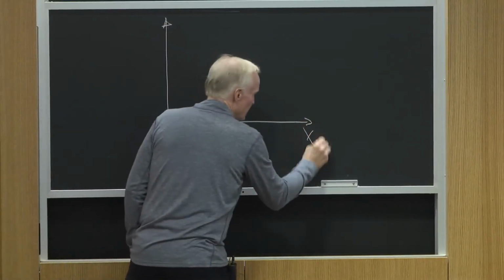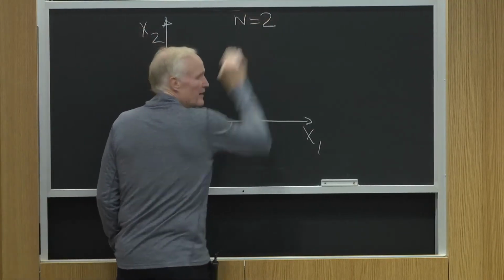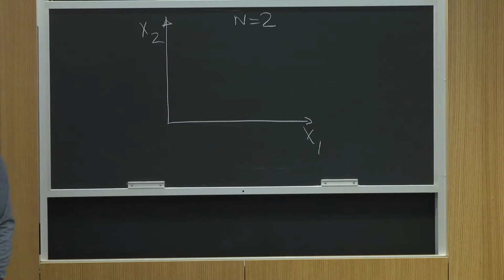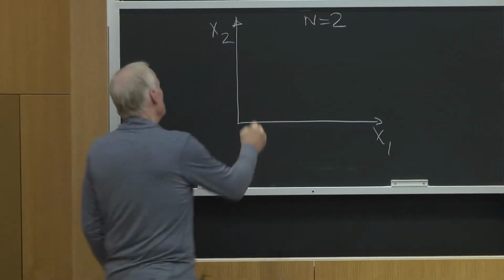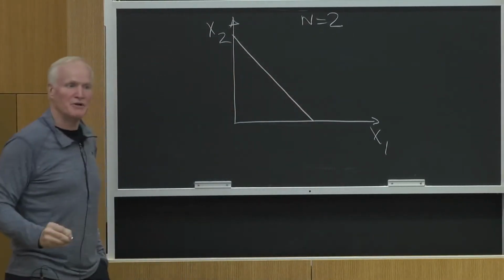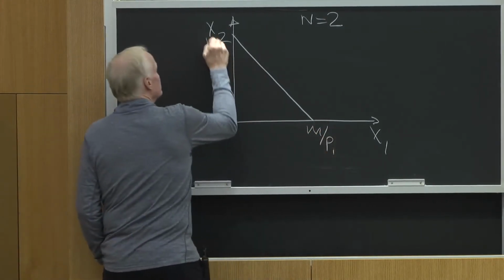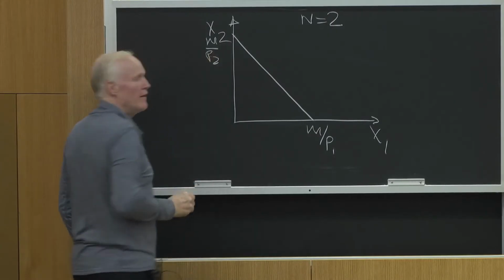Here's x1, here's x2. This is n equals 2. In the n equals 2 world, I can draw a graph, right? My budget constraint looks like that. This is m over p1. This is m over p2.